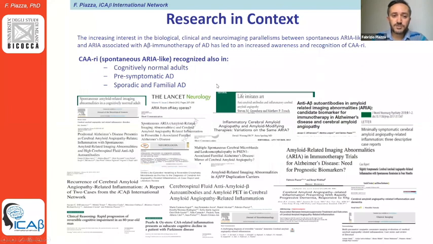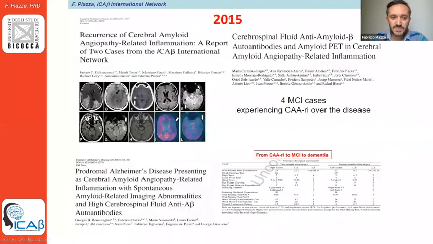And we were also able to demonstrate that CAA-ri can spontaneously occur not only in CAA, but also in cognitively normal adults, in pre-symptomatic Alzheimer's disease, as well as in sporadic and genetic Alzheimer's disease patients. And we were also able to start looking at the recurrence rate of these events, and also to see if there was a similarity concerning the amyloid PET evidence that I showed you for bapineuzumab and gantenerumab.